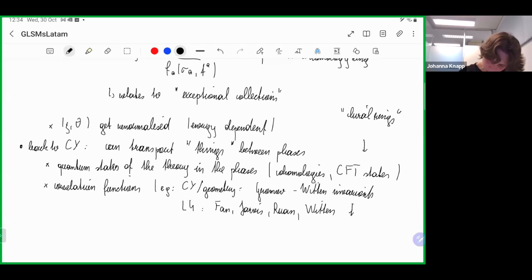So this is called FJRW invariants. Maybe you get Yongbin Ruan or somebody else of his collaborators to give you a series of talks on that. Basically, in the physics terminology, these are certain topological correlation functions in Landau-Ginzburg models. And also these can be computed with GLSM partition functions.